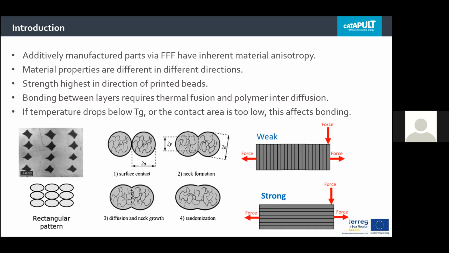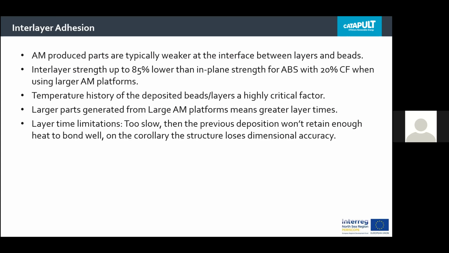And that's a classic problem with AM thermoplastic materials. So you have this strong plane along the direction of the printed beads, and it's slightly weaker transverse. On desktop printers, you get a slight reduction, but on larger AM platforms, you can get big reductions in the interlayer strength.